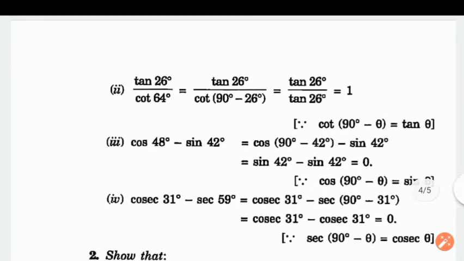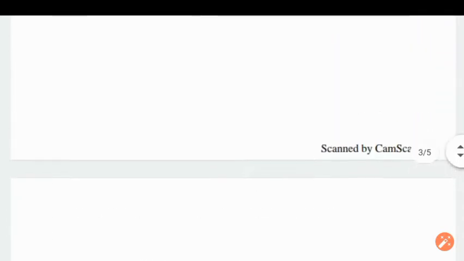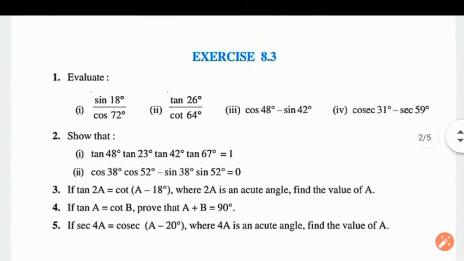Now here we have the solution. Question number 1, part 2. See the question, what we have: tan 26 degrees by cot 64 degrees. What are we required to do? Evaluate, we need to find the value.